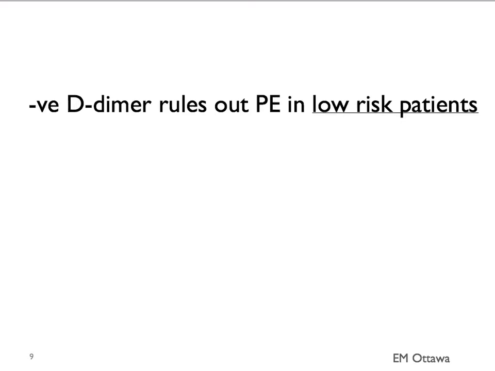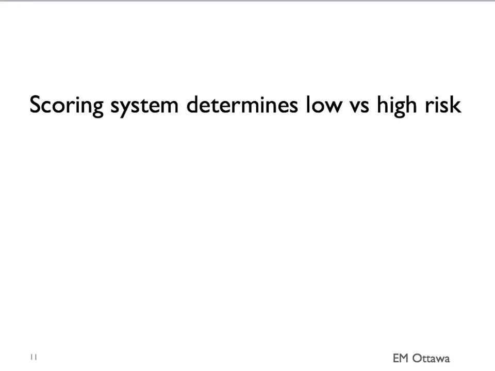The question is therefore, who are our low risk patients? We use different scoring systems to decide whether the patient is low or high risk based on their clinical presentation. There are 2 main scoring systems, the Wells score and the Geneva score. We will discuss the Wells score here.